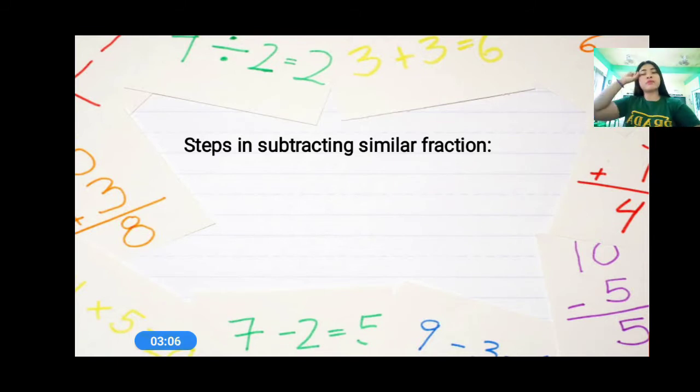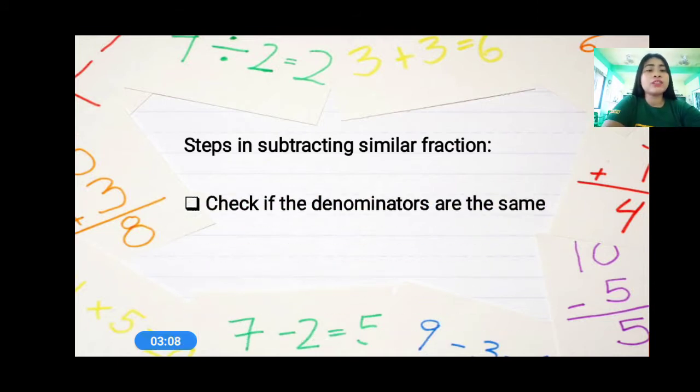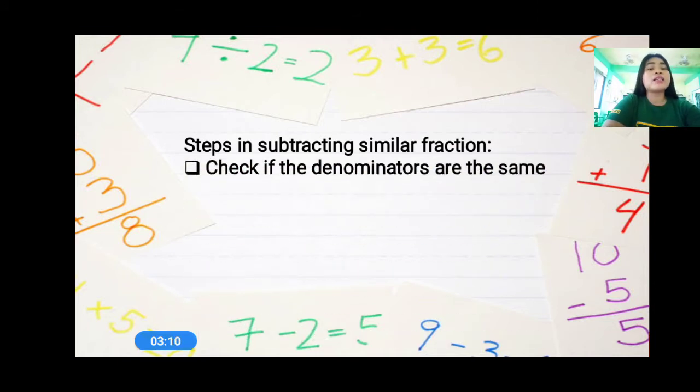First, the first thing that you should do is check if the denominators are the same. In every fraction operation, adding or subtracting, you should always check if the denominators are the same. Do you understand?